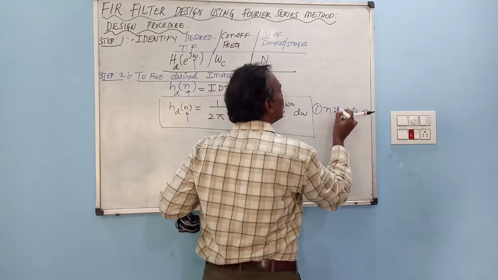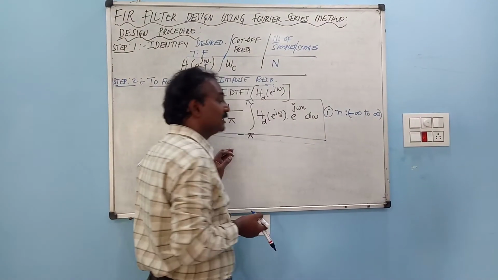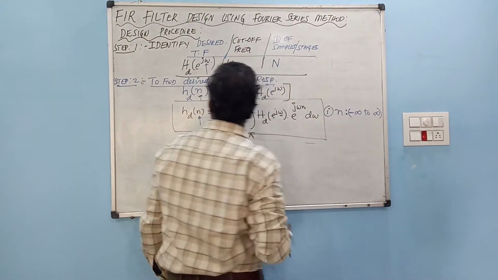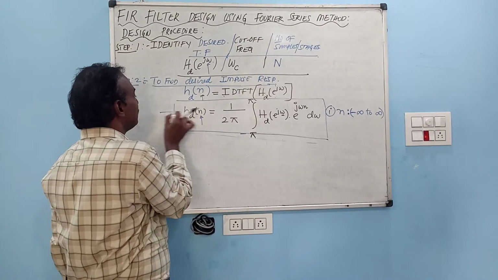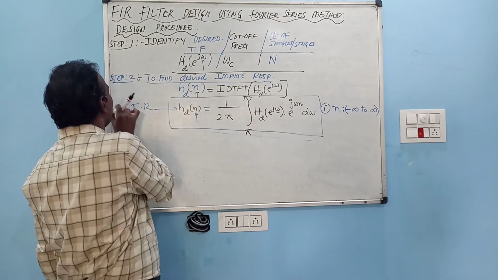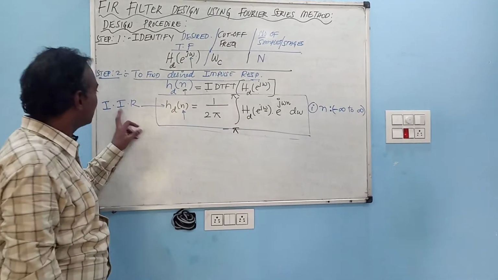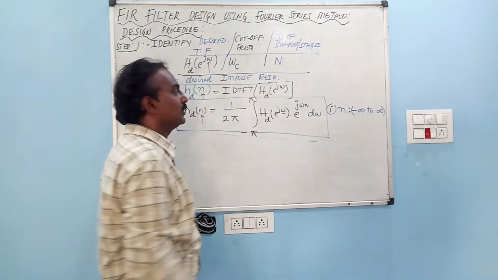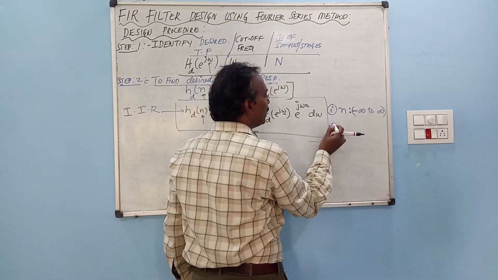This is the range of n. That is the first point. So the limits of n are infinite range. So whatever the impulse response I have, it is of infinite range. So infinite impulse response. So what is the second point to be noted?